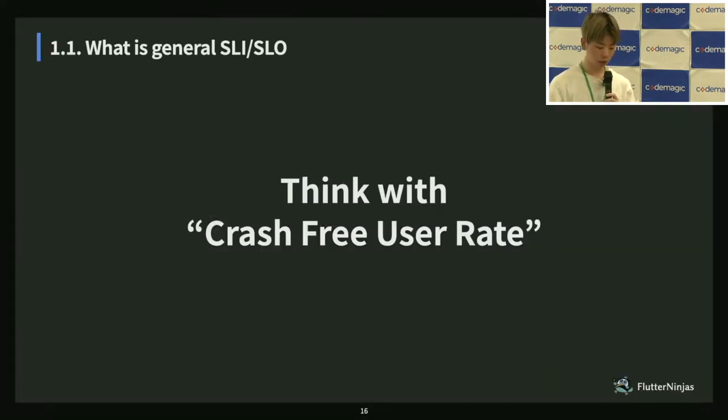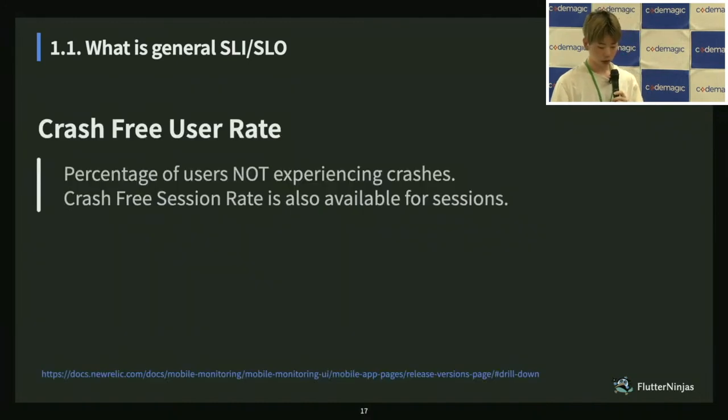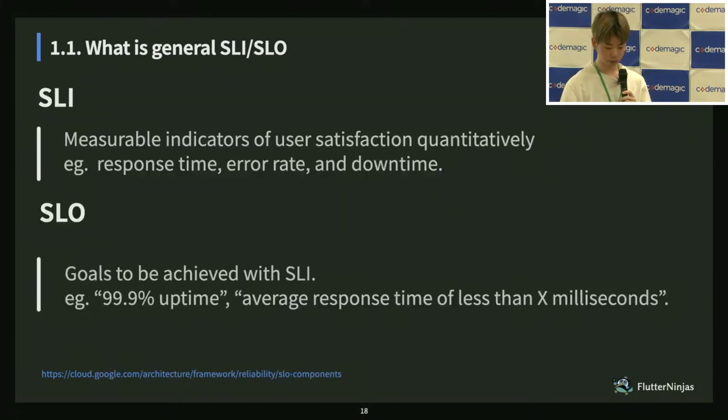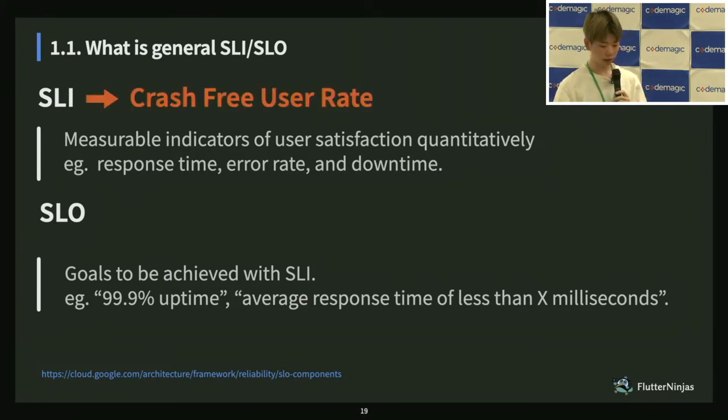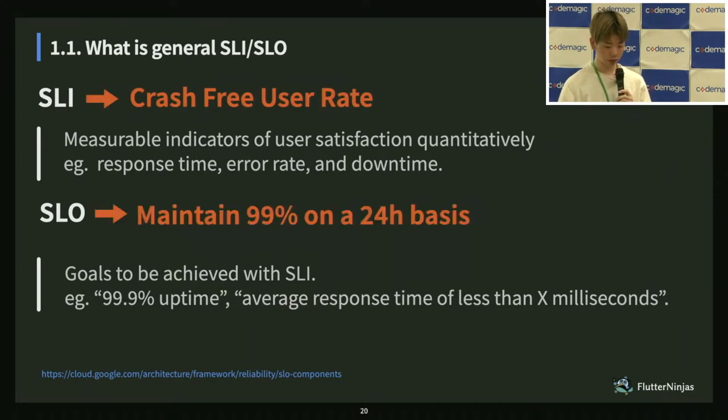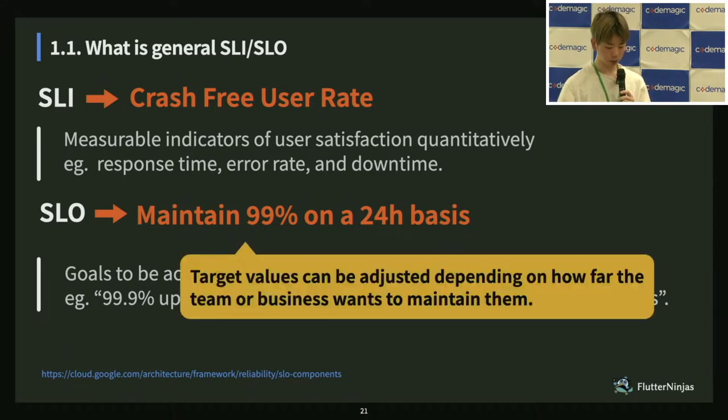Consider crash-free user rate as an example. Crash-free user rate is the percentage of users not experiencing crashes. Adopting SLI, SLO with crash-free user rate would look like this. The SLI is crash-free user rate, and the SLO is to maintain 99% on a 24-hour basis.